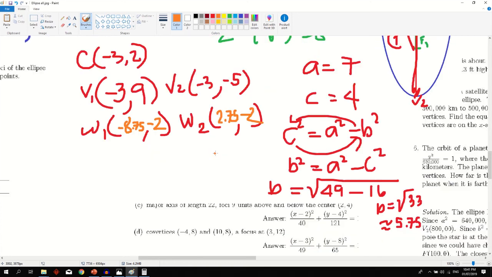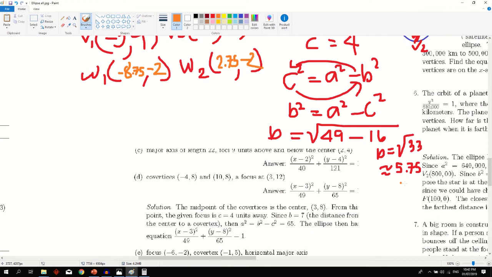Alright, so we have now the b, no? So if we square the b, it will be 33. So we have b squared is equal to 33. We will not square that again, it will be 33.